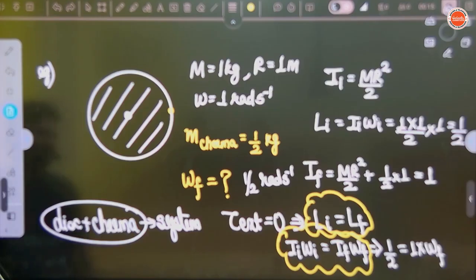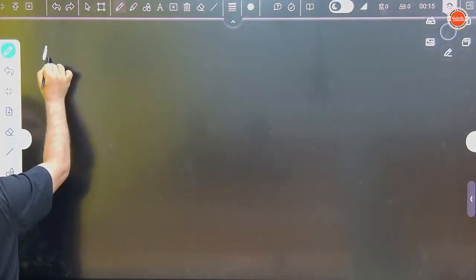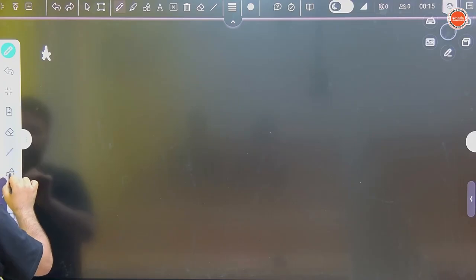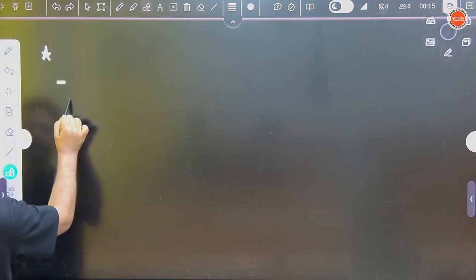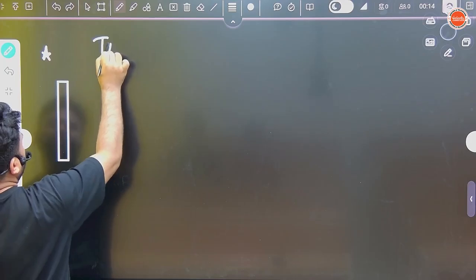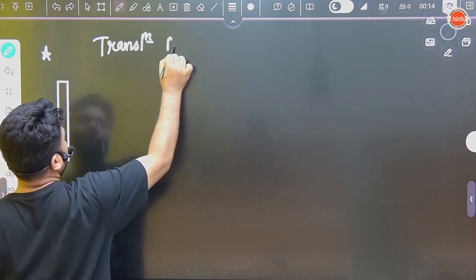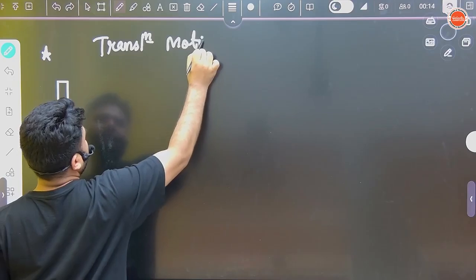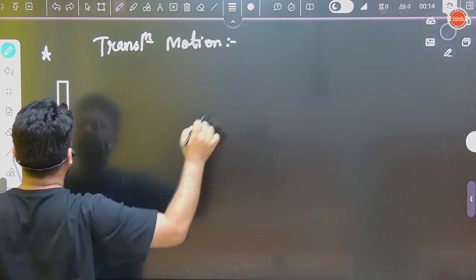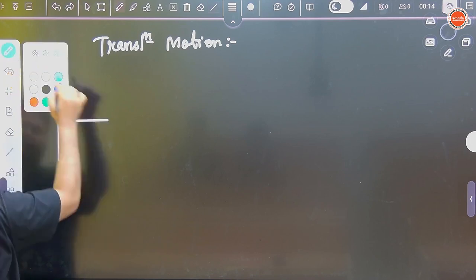Now see, there are some kinds of motion, which we call translation motion. What is translational motion? Like suppose this duster is going with v velocity.